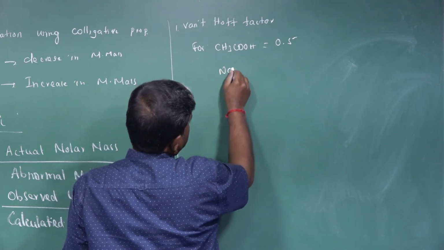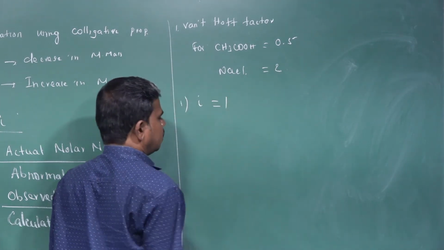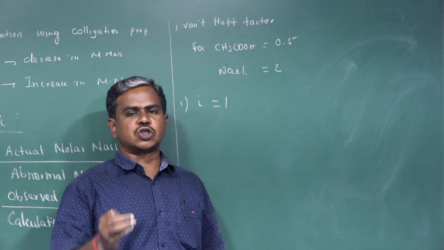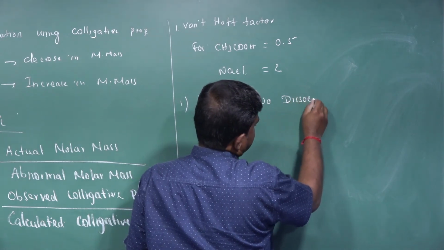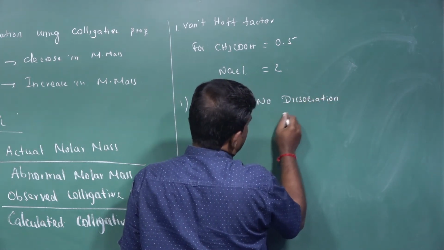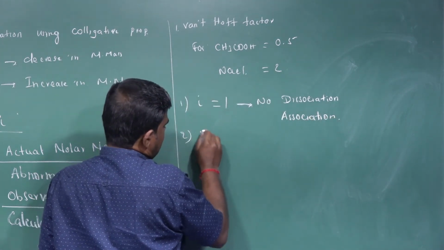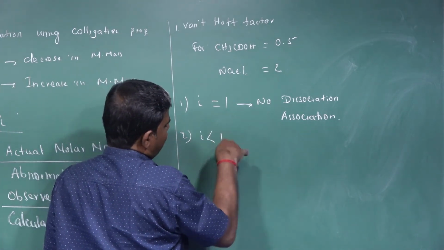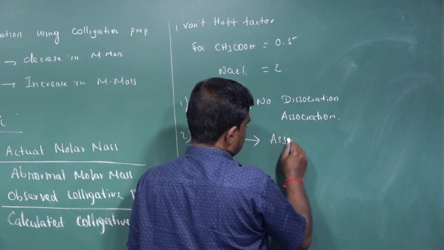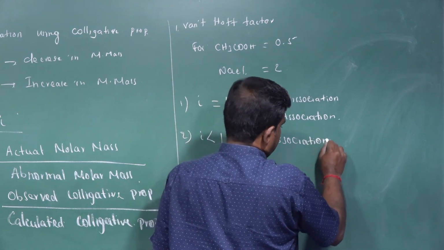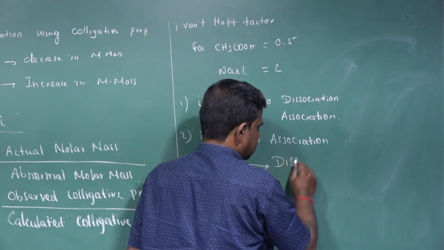The Van't Hoff factor for NaCl is 2. i is equal to 1 if no dissociation or association occurs. i is less than 1 for association, and i is greater than 1 for dissociation.